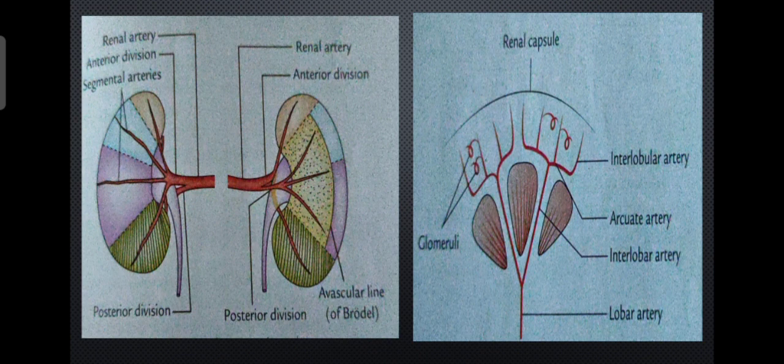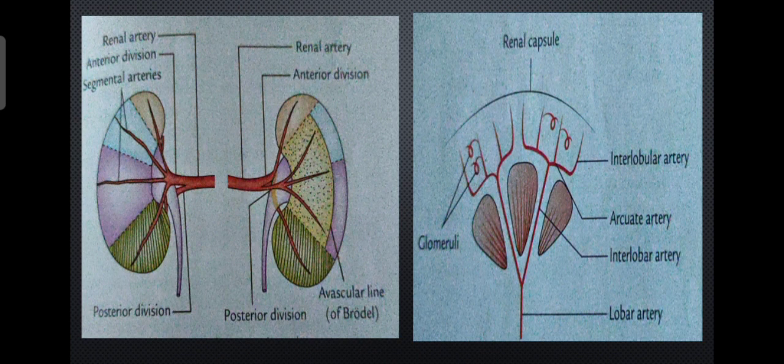That is the interlobular vein, arcuate vein, interlobar vein, lobar vein, segmental veins, and then anterior and posterior veins, and they unite to form the renal vein. That is similar to the arterial supply, but the change is that the afferent arteriole gets converted to the glomerular capillaries, then the efferent arteriole, then the peritubular capillary plexus. From the peritubular capillary plexus the venous system starts. So this is the difference you need to know.